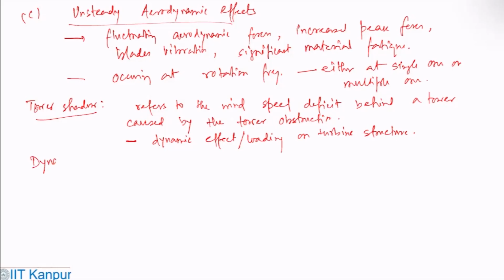Then you have dynamic stall. Dynamic stall refers to the rapid aerodynamic changes that may bring about or delay stall behavior. So these are rapid changes in stall behavior on the blade.